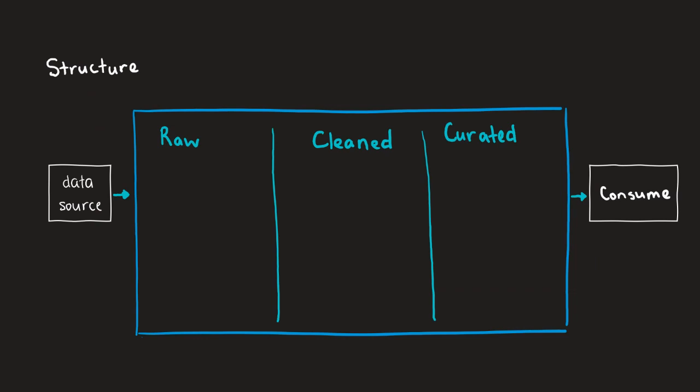That exploration data often has to be verified and confirmed as actually clean before it's used by some systems. So when you're thinking about how to organize your Azure data lake, start with these three main areas. If you do need a fourth or a fifth area, that's totally okay. Think about your use case and figure out if you need more areas than this.